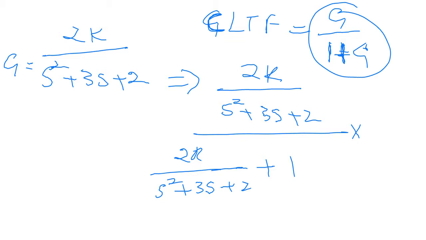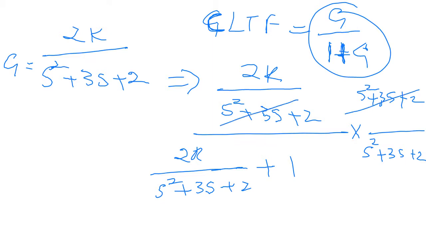So when I multiply by s squared plus 3s plus 2 over s squared plus 3s plus 2, which is 1, we know we're not doing anything that is not mathematically sound. We're multiplying the expression by the multiplicative identity. Therefore, this part is going to cancel.